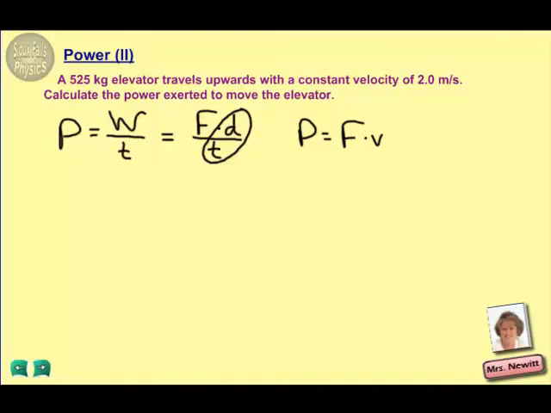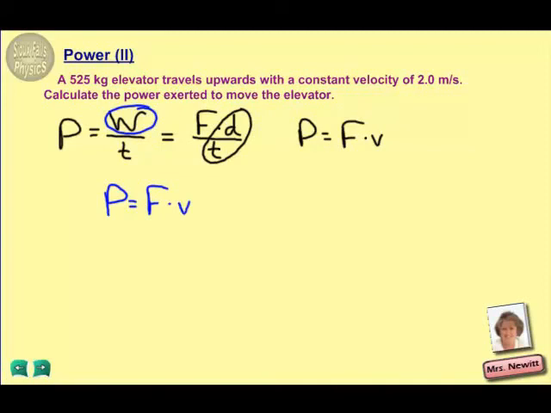And it is incredibly important for situations like this where you cannot find an actual value for work. We will never know how many joules were exerted as the elevator moves upwards, but we can find a power amount.